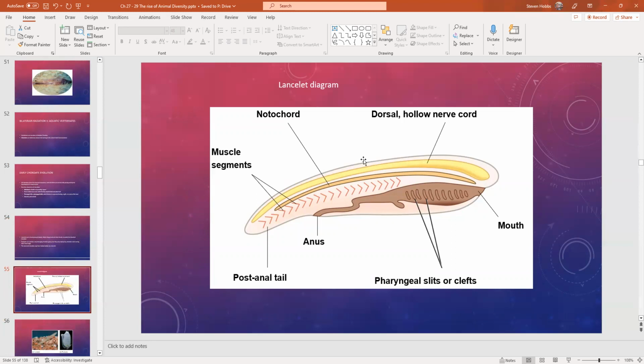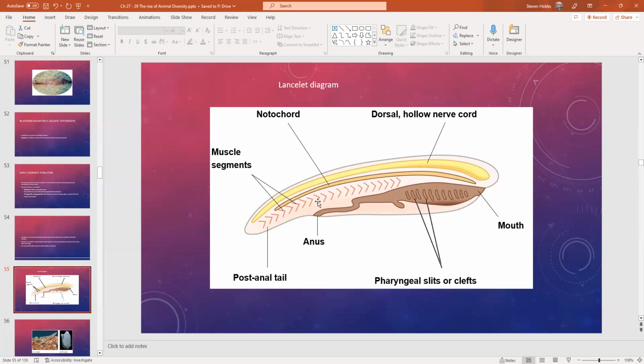So we have our dorsal hollow nerve cord, a cephalic region. Even though they don't have a true brain, they do have a cephalic region. So the food comes in one end, goes through a complete digestive system, and then exits the anus. Notice this anus then has a post-anal tail. They have muscle segments. So we're starting to get the 3 different types of tissues, and we've got notochord.